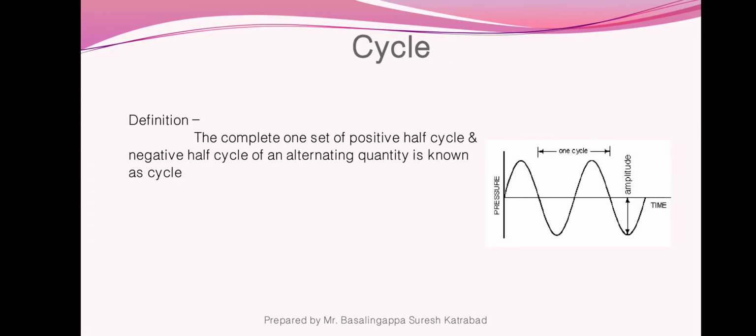Next, cycle. The complete one set of positive half cycle and negative half cycle of an alternating quantity is known as cycle. One positive half cycle and one negative half cycle is known as one cycle. Figure shows one cycle representation.